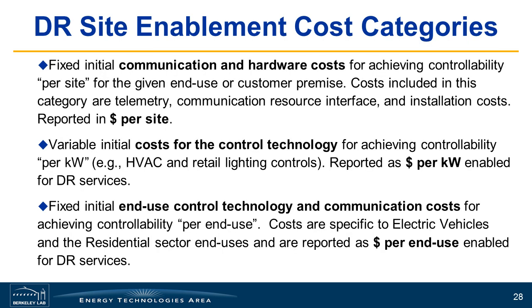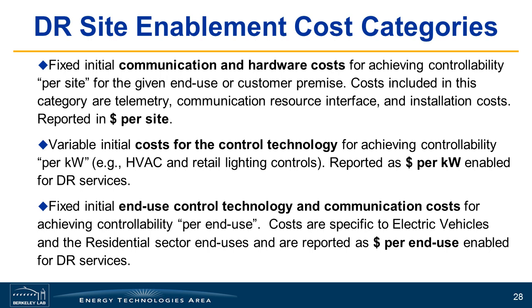All right, so how did we organize this? So we went through this study, and we basically, for each of the end uses, we estimated the initial upfront enablement cost for a customer site or an end use based on the customer sector and the size of that customer. So in the case of commercial, it's small, medium, large.